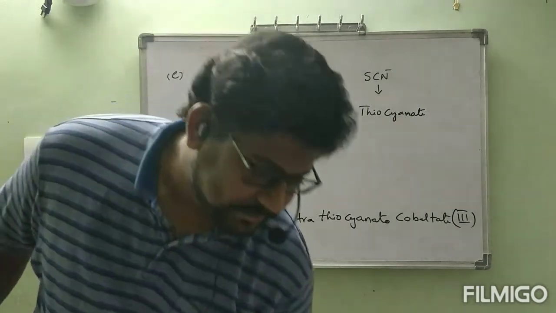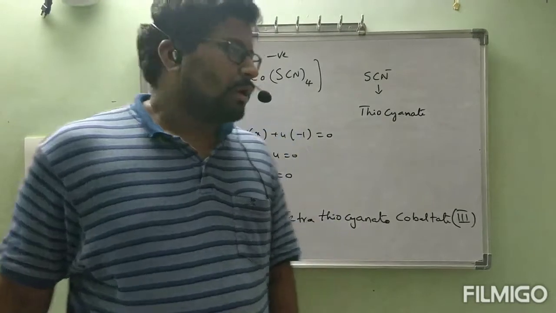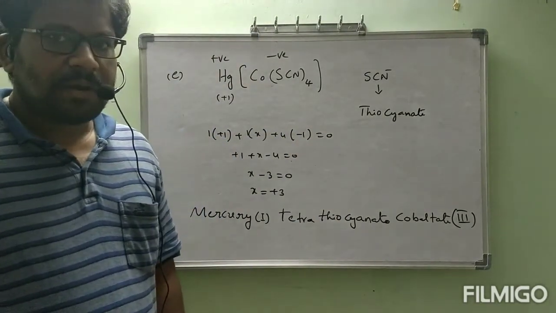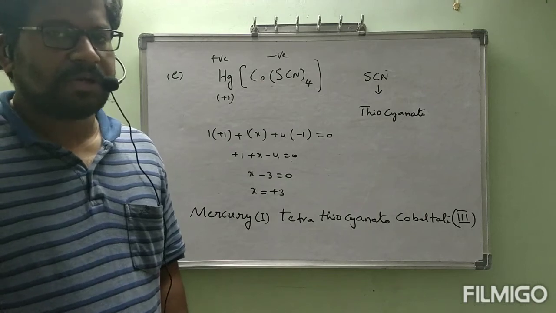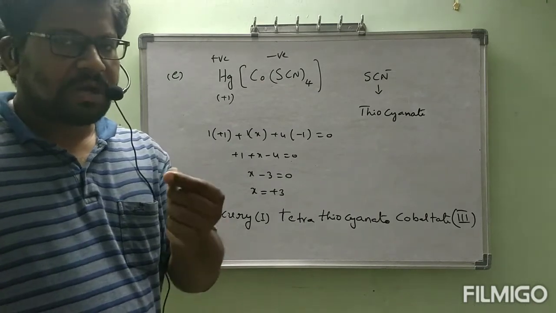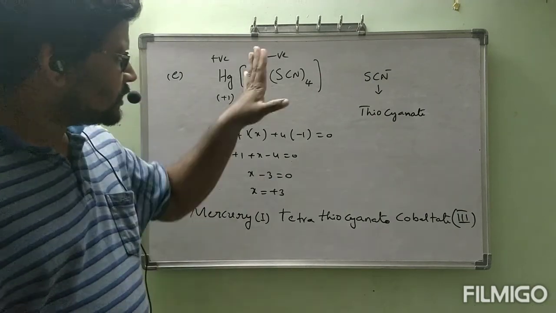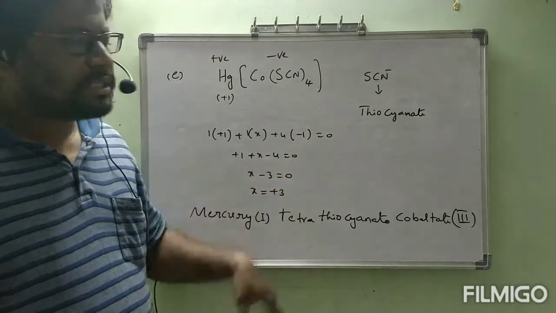And one more thing, already at the start of the class I told you this is a special property of d-block elements. I will give one small clarity about that, and after that we will continue with the next topic. Before that, I hope you are clear about all these names.